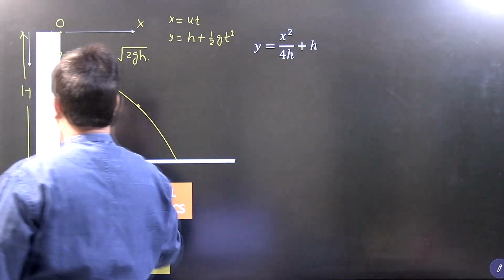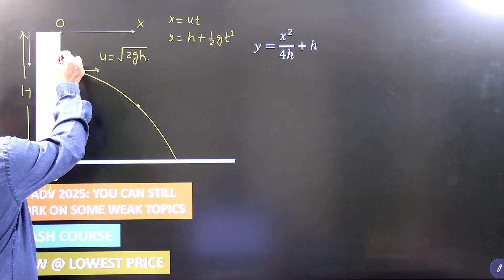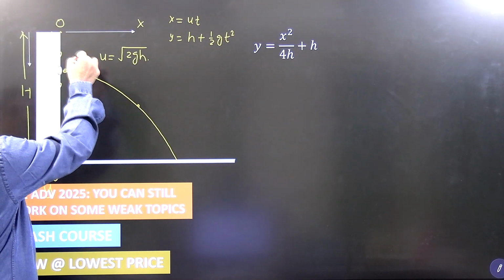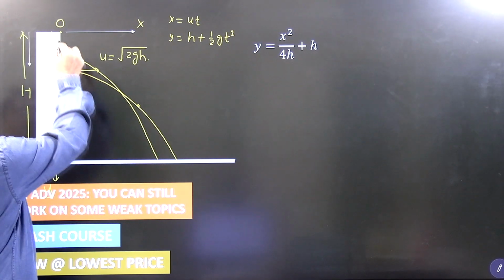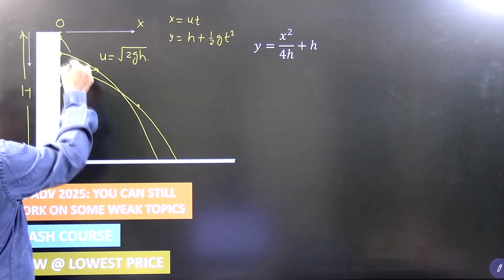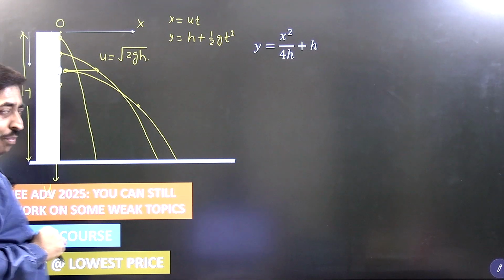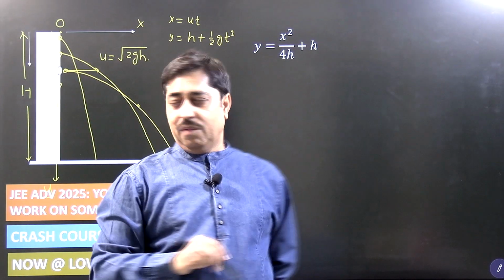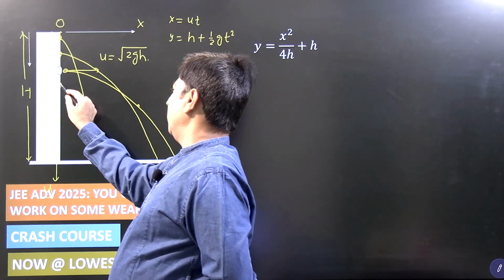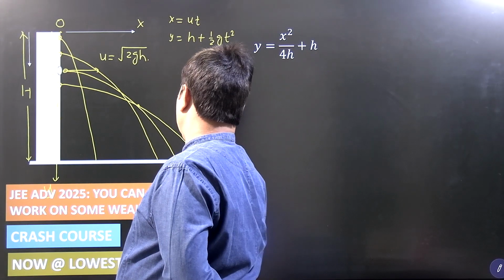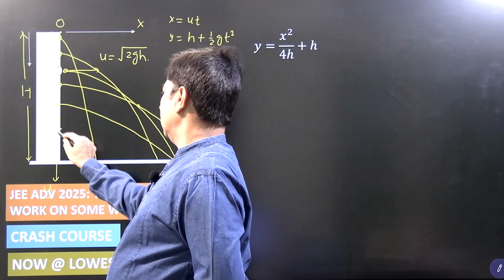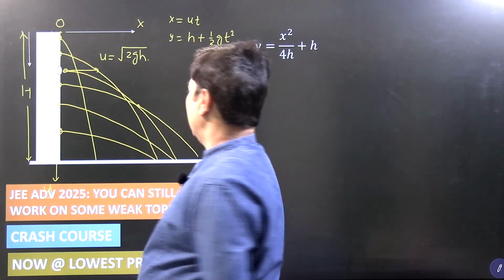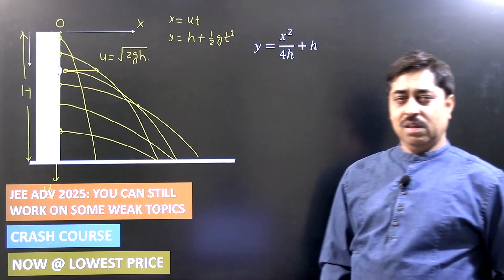If we consider a hole over here, then the water particles being ejected from here might fall somewhere here. If you consider a hole over here, they might be falling somewhere here, right? If you consider a hole here, the water particles will go like this. If you consider a hole here, they will again fall here. If you consider a hole here, they will follow a parabolic path like this.